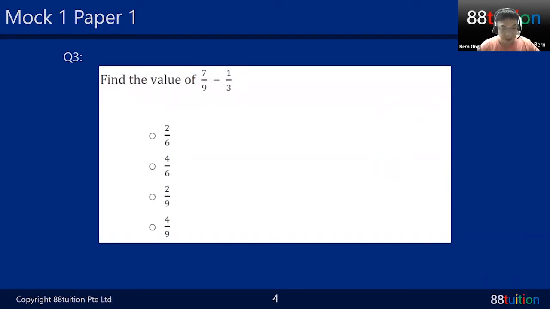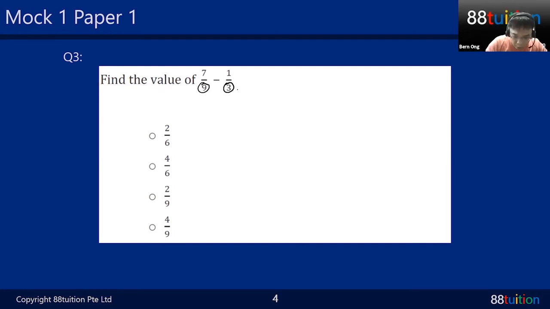Fraction. Find the value of this minus this. When you add and subtract fractions, the denominator must be the same, not the dinosaur. Denominator means this and this one. It must be of the same number. So you have to use something called equivalent fractions. How do you make 1/3 have the same denominator?